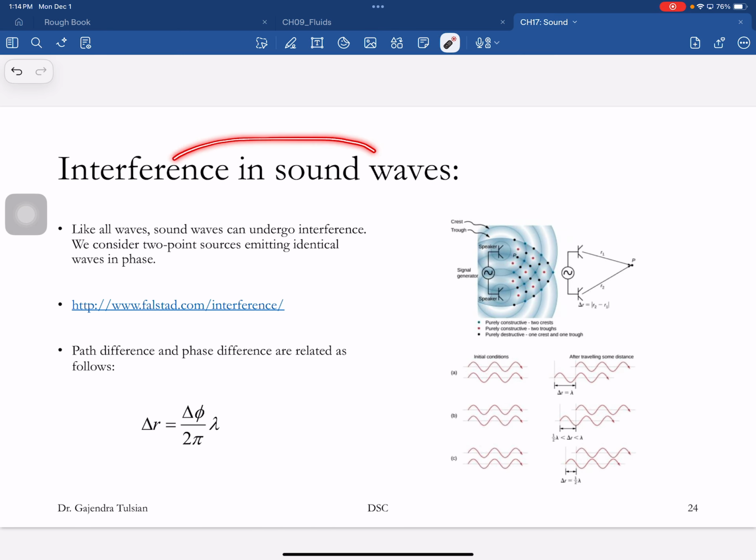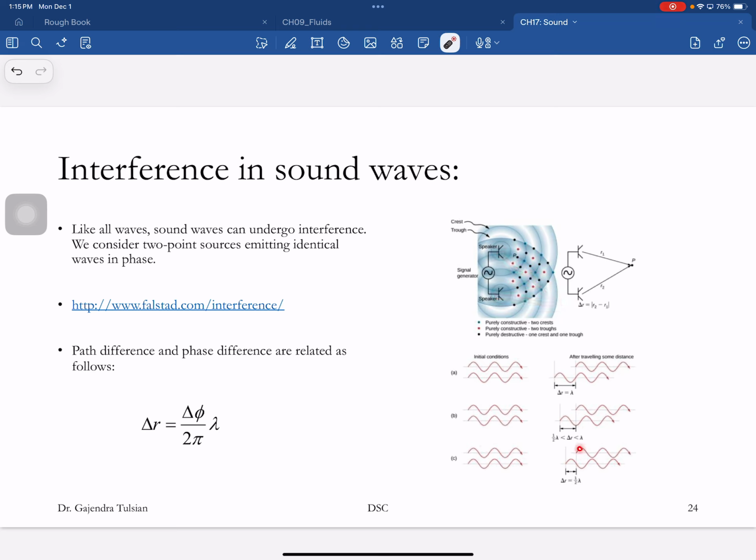Now we'll talk about interference of sound waves. Let's say you have two speakers like that, and this speaker sends a sound wave to that point, and this speaker sends a sound wave to that point. What if this wave reaches with a crest and the other reaches with a trough?